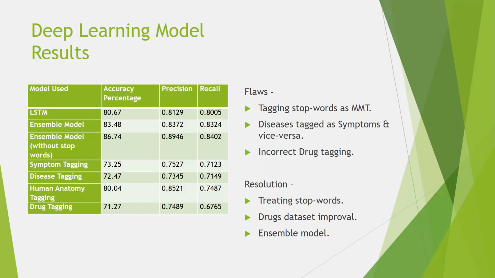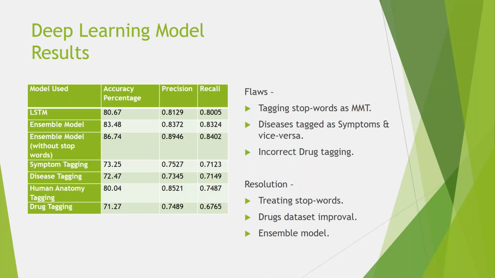This model gave us way more satisfactory results, as can be seen by the accuracy values available to our left, but had its own constraints, as in many cases stop words were tagged as medical terms and many times diseases were tagged as symptoms and vice versa. The drugs model did not perform well either.